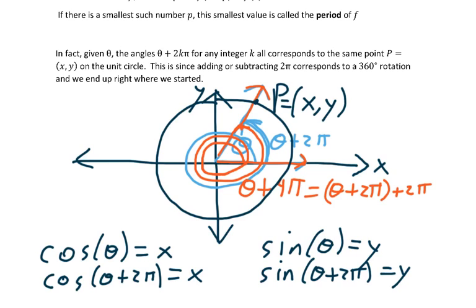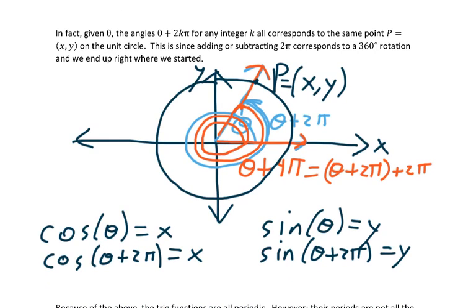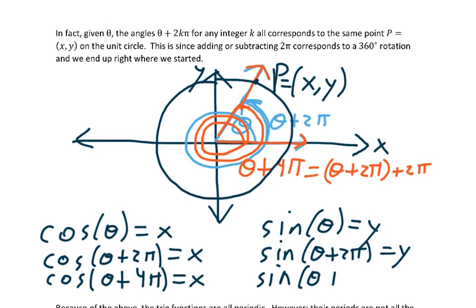Again, theta and theta plus 2 pi being coterminal, the terminal side is going to be the same, hence the point P on the terminal side and the unit circle is exactly the same. One more time, cosine of theta plus 4 pi is also going to be the same x, and sine of theta plus 4 pi is going to be the same y.